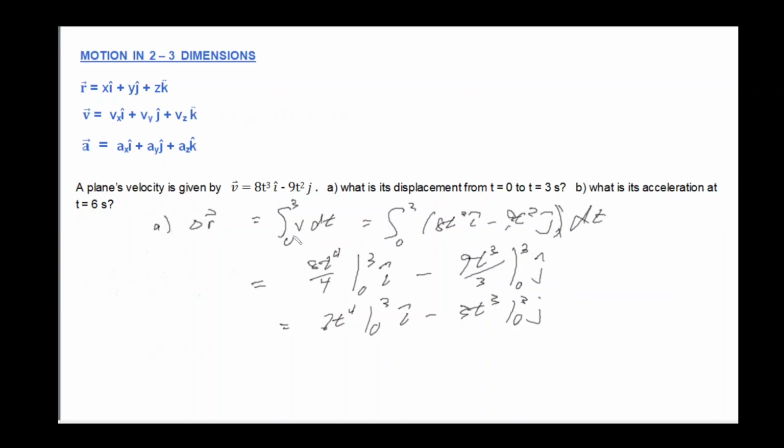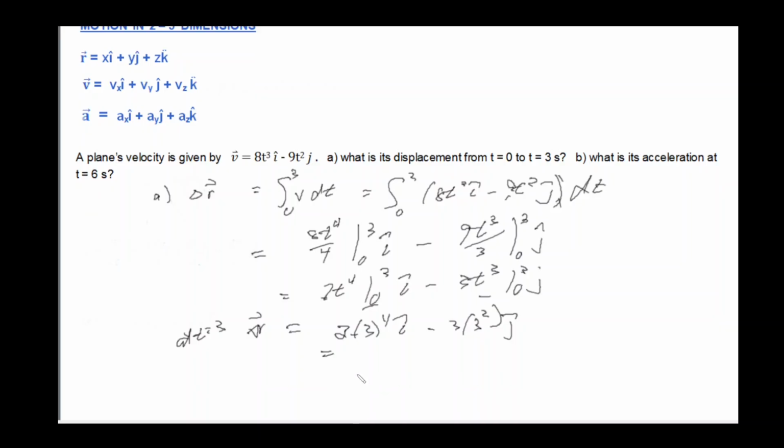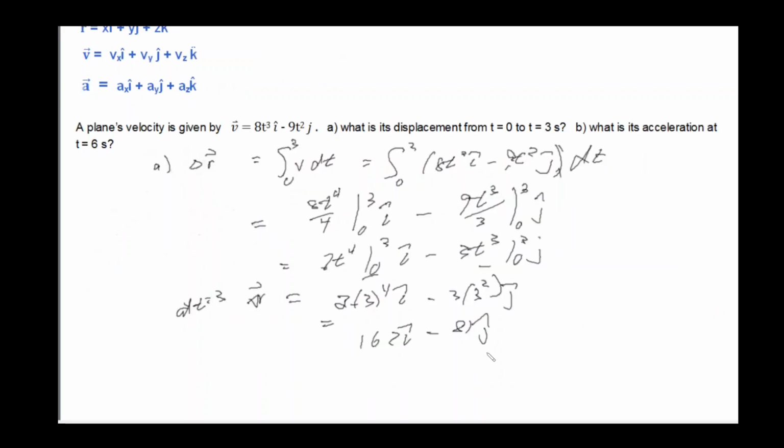And we know when t equals 0, these terms become 0, so we can just solve for t equals 3. So at t equals 3, delta r is equal to 2 times 3 to the fourth i minus 3 times 3 cubed j, which is equal to 162i minus 81j. So that's our displacement.